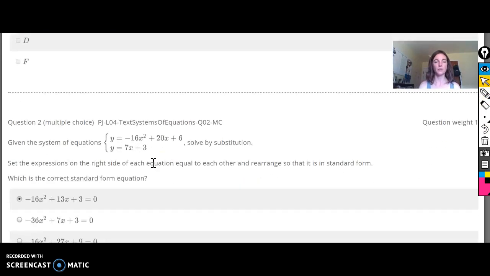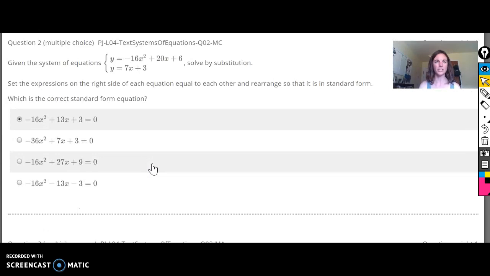Okay, so next question. What we just looked at in question 1 was solving the system of equations graphically. Now we can solve it algebraically as well, and this will give us a much more precise answer. We can look at a graph online and come up with a really precise answer, but we can also do it algebraically.